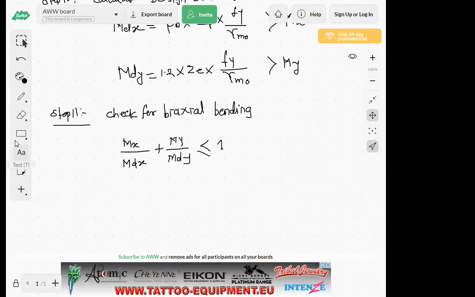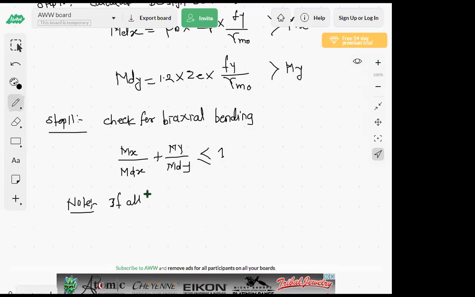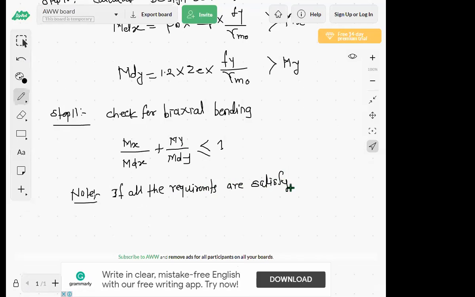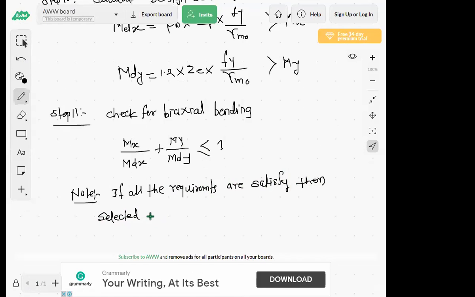So write down one note. The note is: if all the requirements are satisfied, then the selected angle is safe for the design.